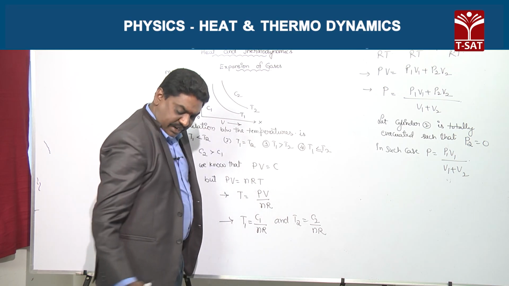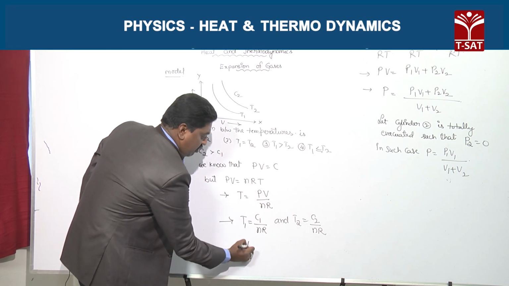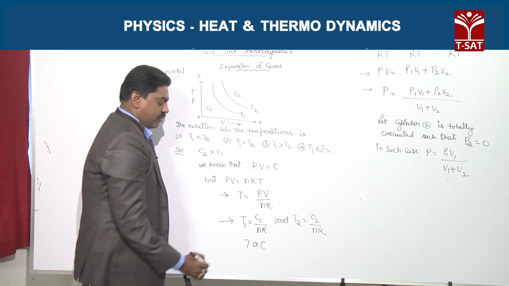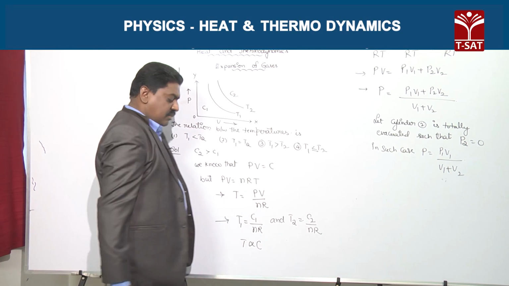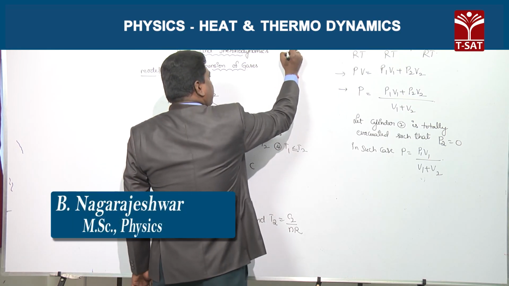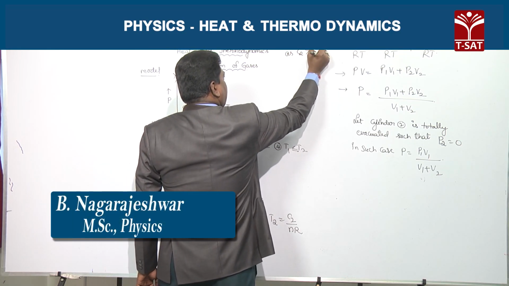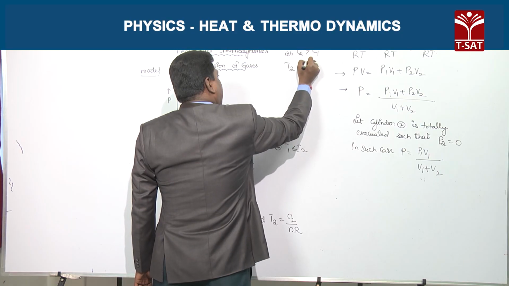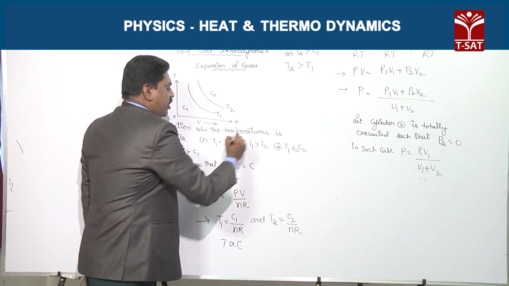As nR is constant, T is proportional to C, implies more is C, more is T. As C2 is greater than C1, T2 is greater than T1. Therefore, the option 3 is correct.